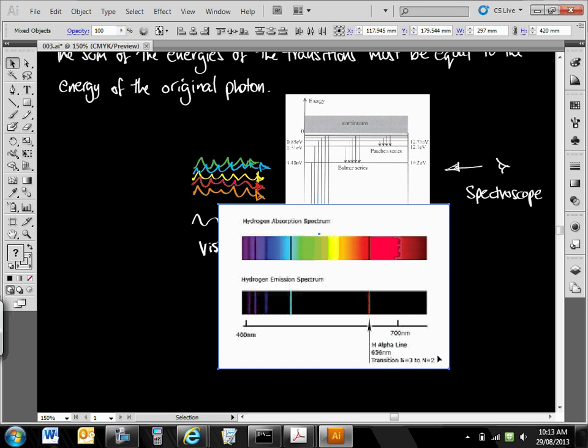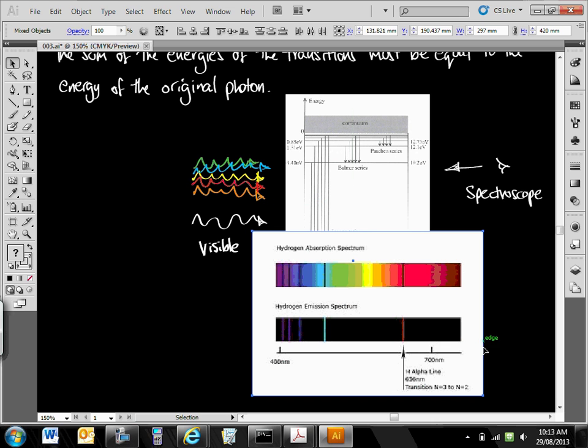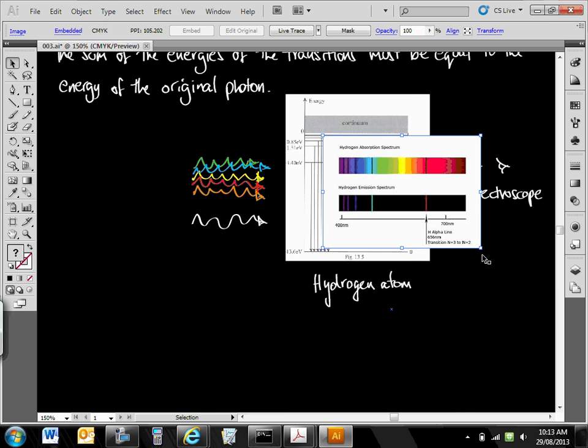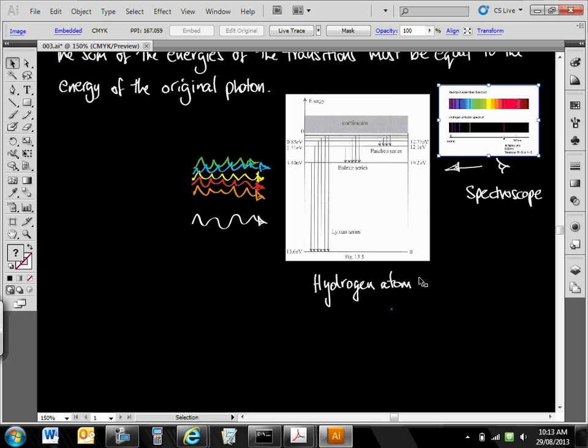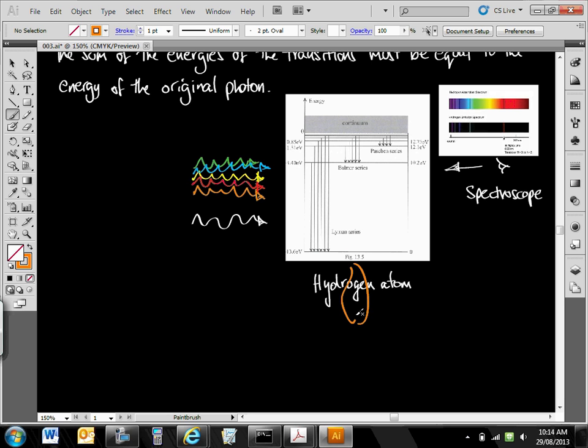I don't see this unless I add heat. So let's add some heat, quite a lot of heat to this atom.